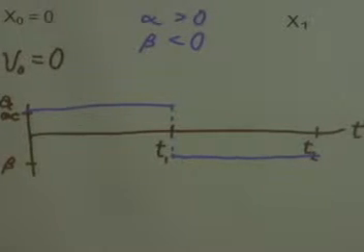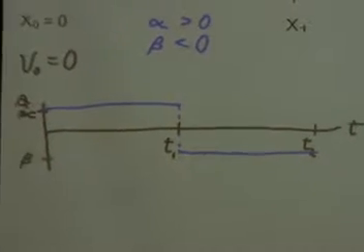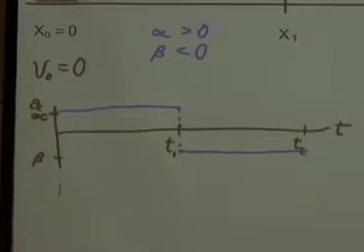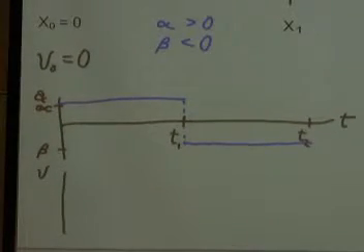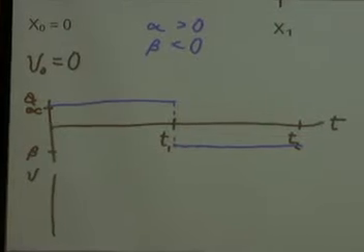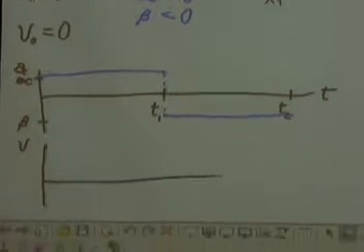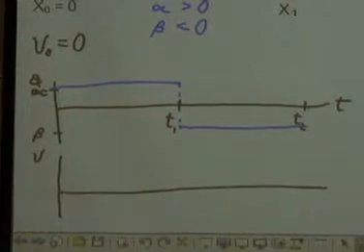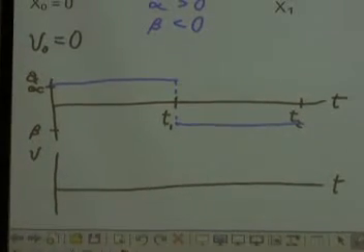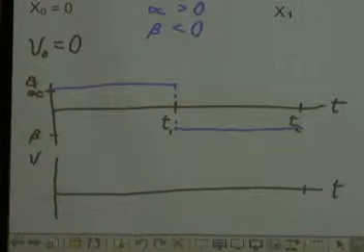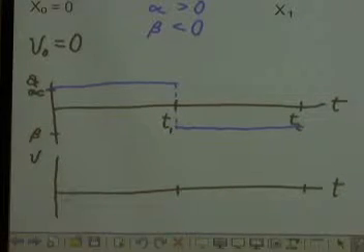Now if we then make a graph of velocity versus time, we're going to put velocity here, and we'll try to keep the time scale basically the same so that we also have t2 there, t1 here.